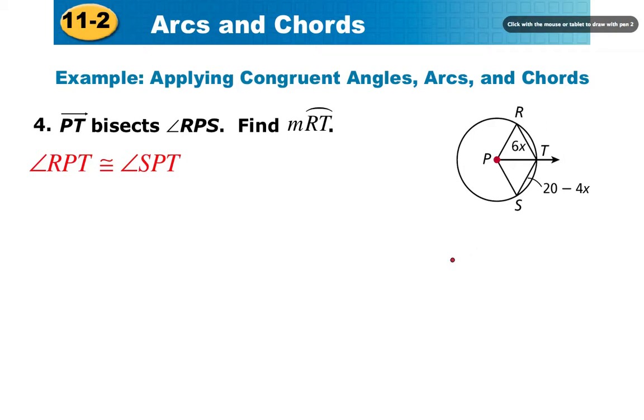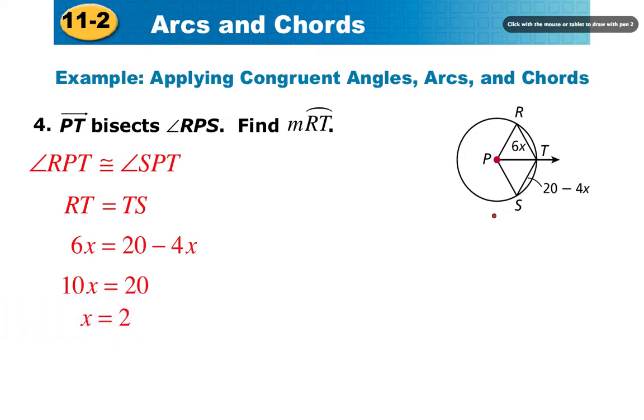From here, by the previous theorem, we can write this statement. Those two chords must be congruent. By definition of congruence, we know that they are equal. Then all I'm going to do is substitute whatever RT is equal to, which is 6x, and TS, which is 20 minus 4x. A little bit of algebra, and I end up with x is equal to 2.